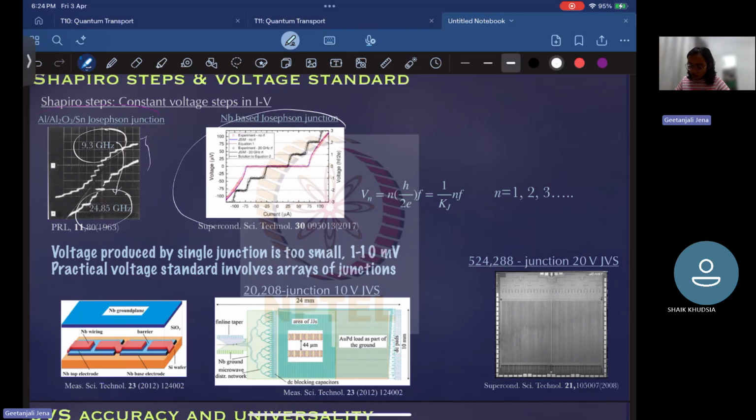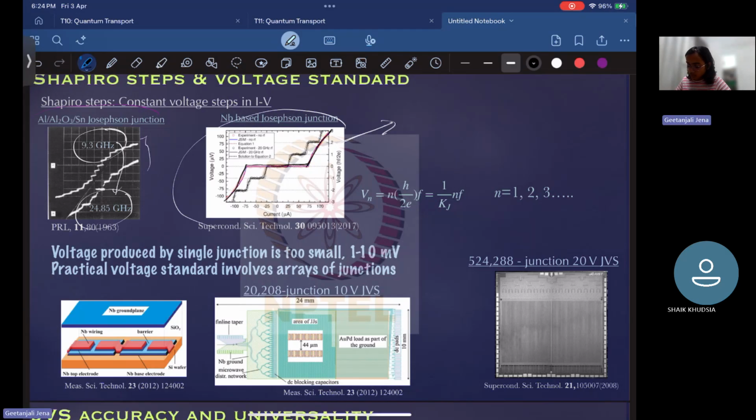And in the next plot, which is based on NB-based Josephson junction, you can see that when there is no RF frequency, it is matching what the IV characteristics were earlier.